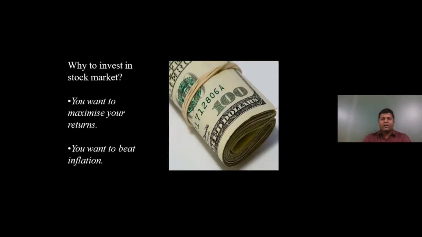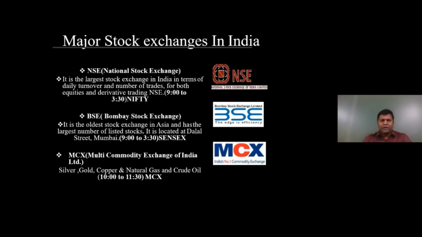Of course, when we talk about other institutions, we have two major depositories. I have not mentioned them on the slide, but I would like to explain who they are. We know that when I have cash in my account, it is in electronic format. Who keeps this cash? Banks like ICICI Bank and Axis Bank keep our cash in electronic format. But who safeguards our shares in electronic format?